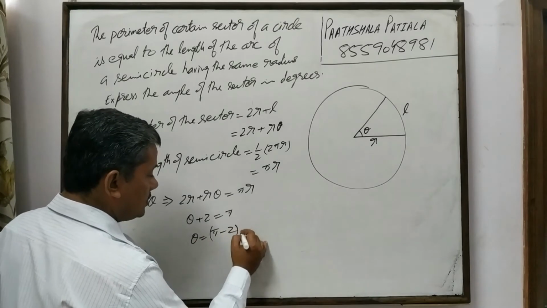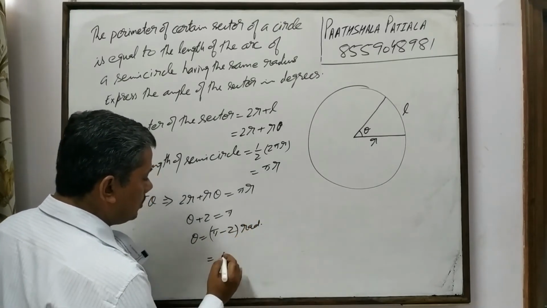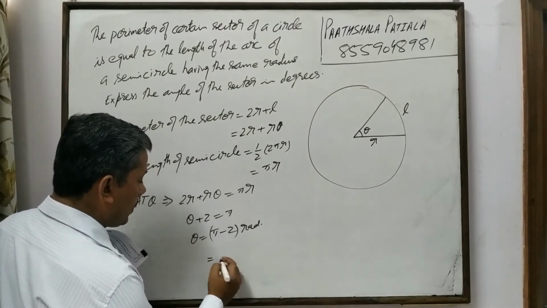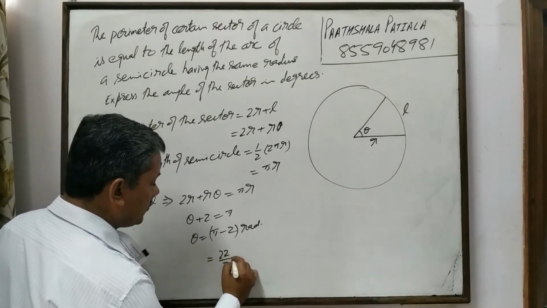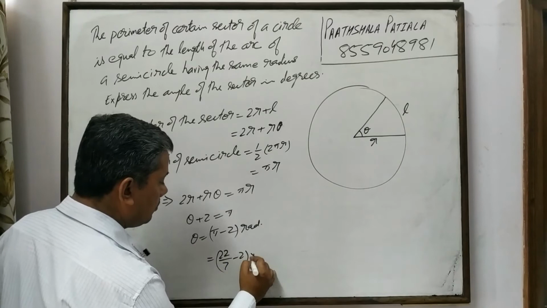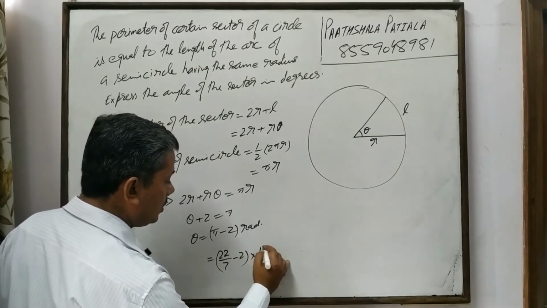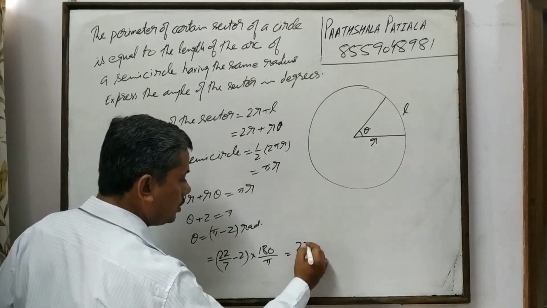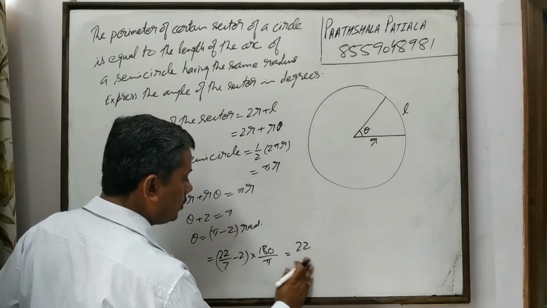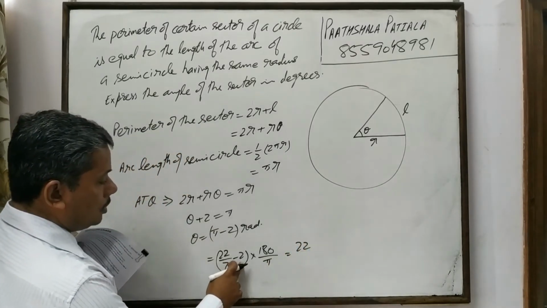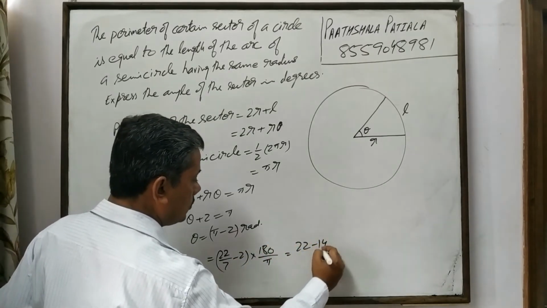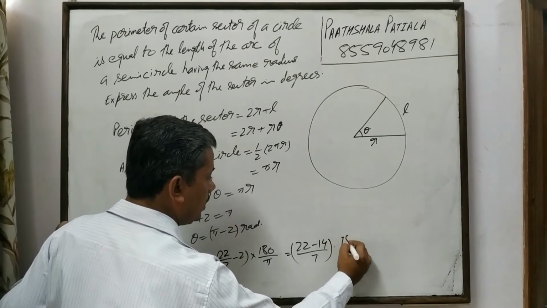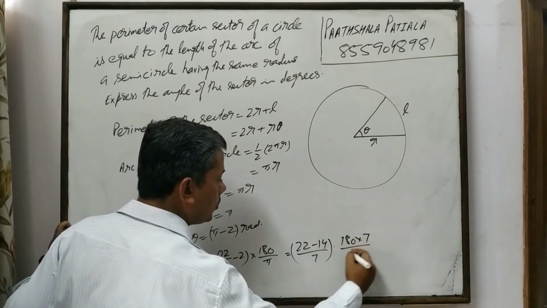Now this is in radians, you need to express this in degrees, so that will be 22 by 7 minus 2 multiplied by 180 upon pi, that is 22 by 7 minus 2, 22 minus 14 upon 7 multiplied by 180 into 7 upon 22.